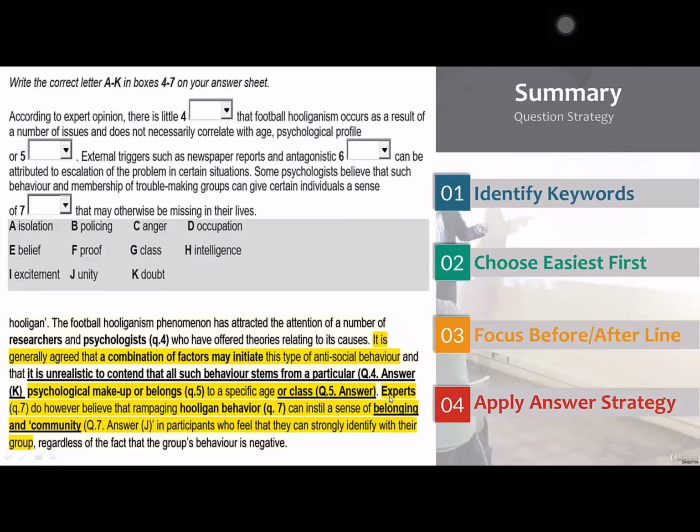So, hooligan behavior, there we have the word behavior. Membership, identifying with a group, that's membership, right? You get a sense of what? Belonging and community. What's the synonym answer? Look at the box. The synonym answer is unity. Belonging and community is a synonym for unity. So the answer would be J. If you put belonging and community as an answer choice, you are wrong. You have to look in the box and pull out the synonym relationship.